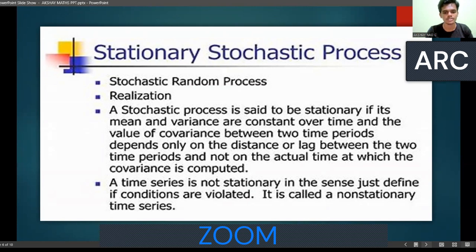If a time series is not stationary in the sense just defined, that is, its conditions are violated, it is called a non-stationary time series.